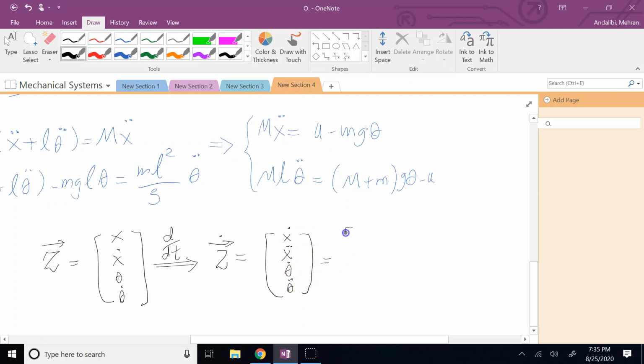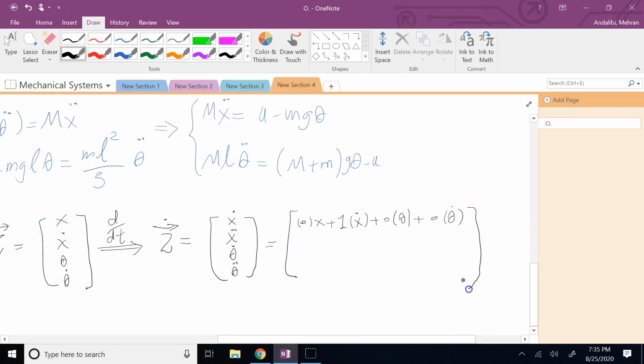And I can write this as x dot, I write it as 0 times x plus 1 times x dot plus 0 times theta plus 0 times theta dot.